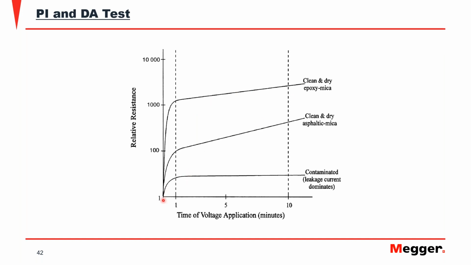But the point is that whenever you have a contaminated material, there will be a sort of flat response. Also, when the initial measurement of resistance is too high, it may not make sense to calculate the polarization index, and you're supposed to take the dielectric absorption ratio instead.